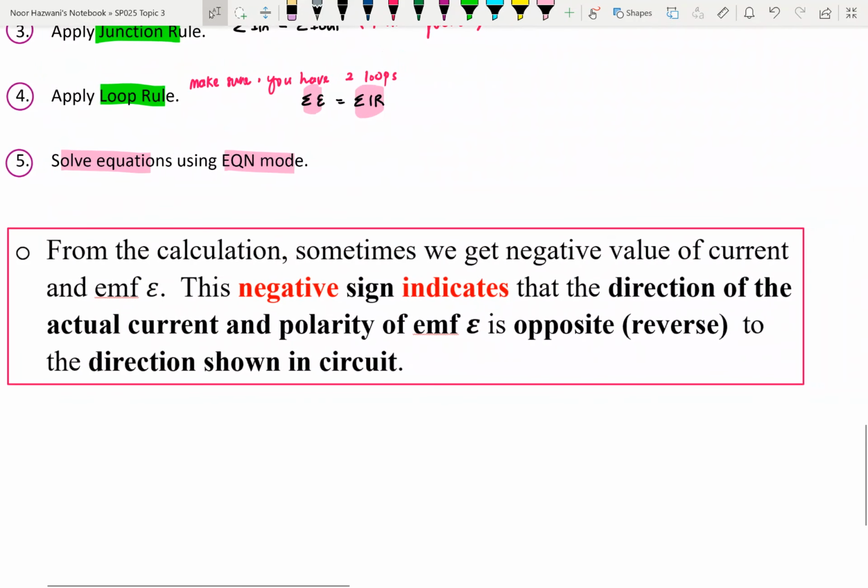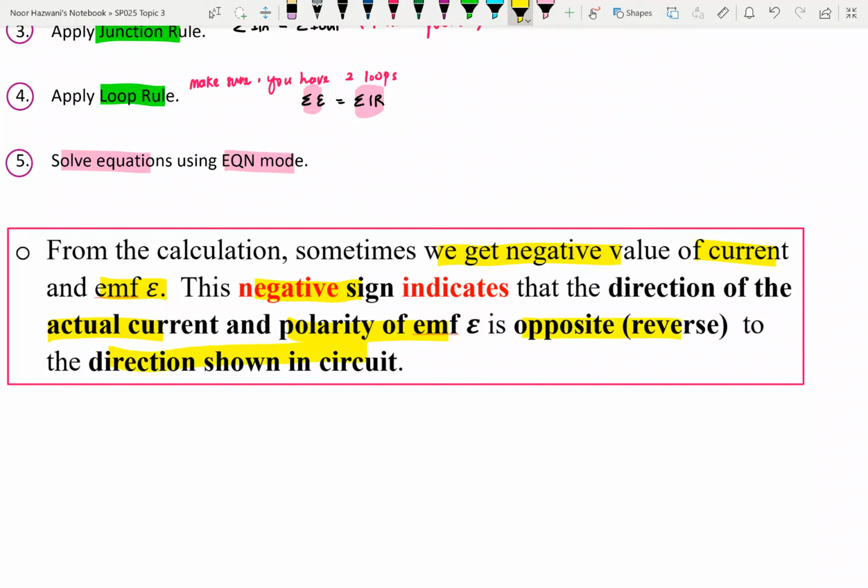So, ada beberapa peringatan. Okay, from the calculation, sometimes we get negative value of current and EMF. So, kalau kita dapat negatif, adakah salah? Tidak. Tidak salah. Tetapi, ia bermaksud bahawa the negative sign indicates that the directions of the actual current and the polarity of the EMF is opposite to the direction shown in the circuit. Maksudnya apa?